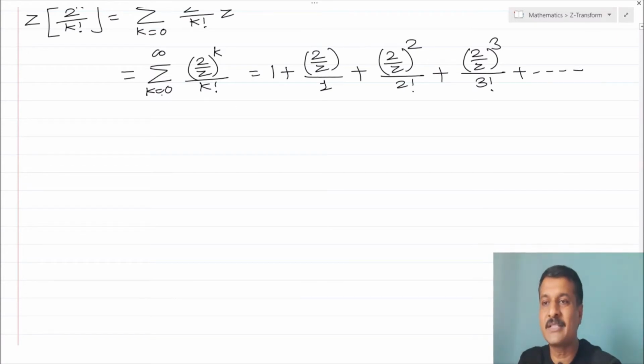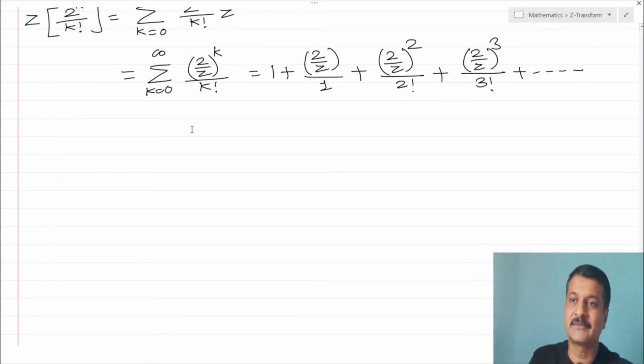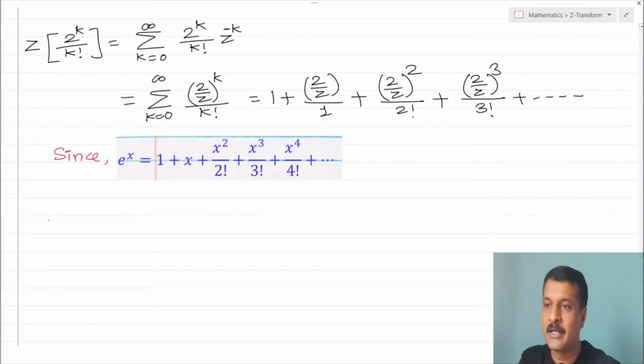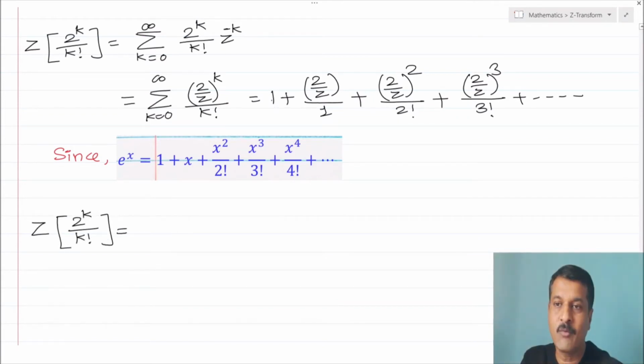It means that I am just putting k equal to 0, 1, 2 and so on. So by using the standard series of e raised to x, since e raised to x equal to this, I am getting Z transform of 2 raised to k upon k factorial equal to 1 plus x, x square and so on.